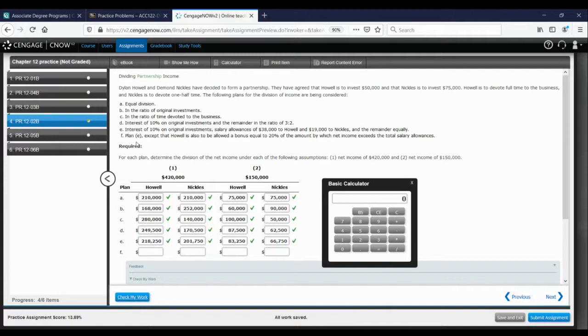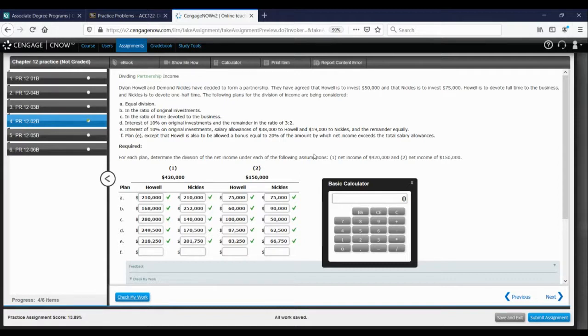So for Plan F, you're going to do the same thing as Plan E, except that Hal is also to be allowed a bonus equal to 20% of the amount by which net income exceeds the total salary allowances. So this time they've given us yet another part to deal with.